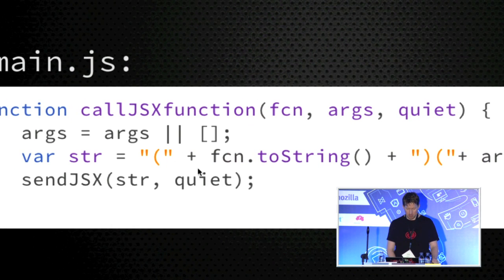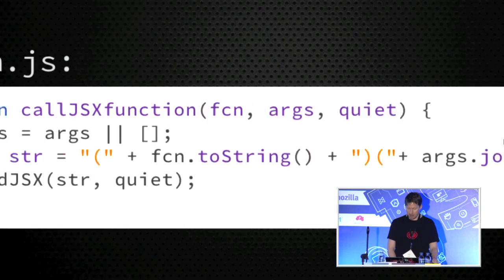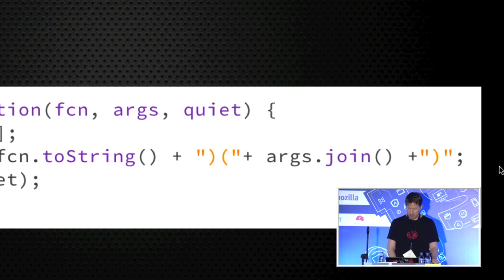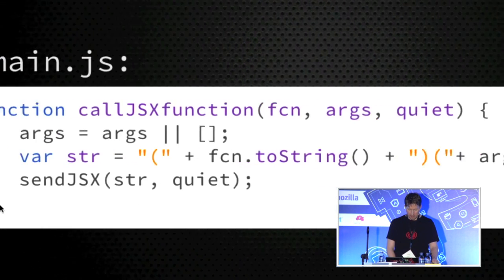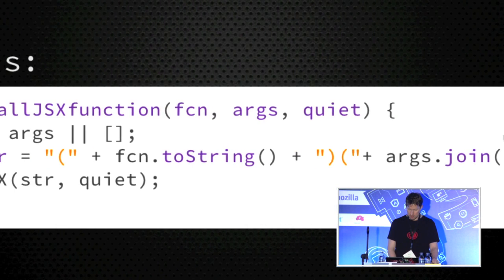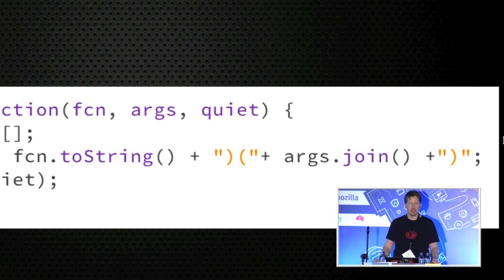So I pass over a parenthesis and then the function's toString, then close the parenthesis, pass in the arguments, and at the end an open and close parenthesis. Then the text of that function gets defined on the other side as an IIFE and instantly executed with the arguments that you pass over.